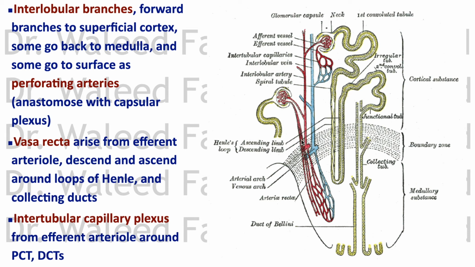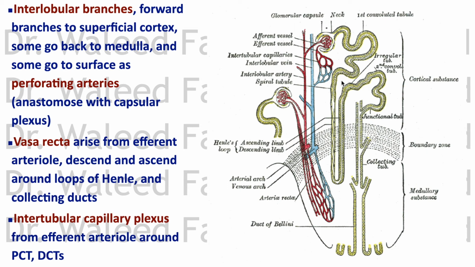The efferent arteriole gives a plexus of arteries around the descending and ascending loops of Henle, called the vasa recta or arteria recta, and other branches of the efferent arteriole form a plexus around the PCT and the DCT, called the intertubular capillary plexus.